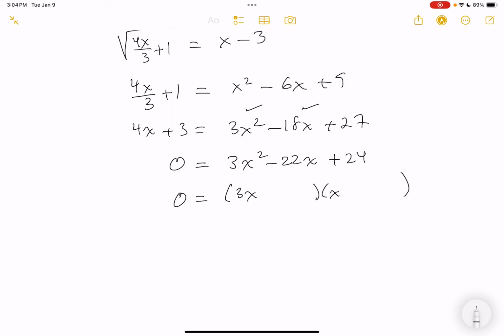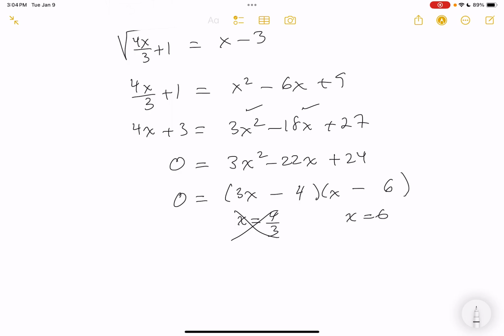I can say 18, 24 would be 4 and 6. Let me just check it out, by the way. You do get 3x squared. Let's see, you get minus 18 minus 4 is minus 22. Yeah, it worked like a charm. And there's two answers here, x equals 6, and over here, x equals 4/3.